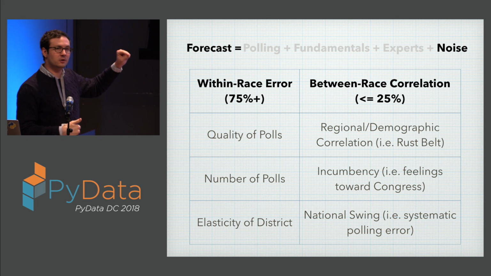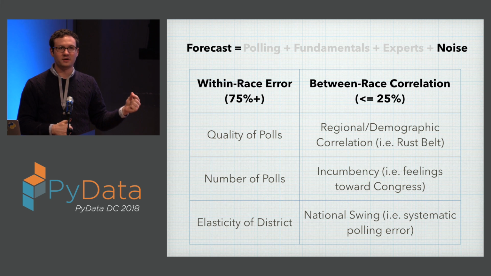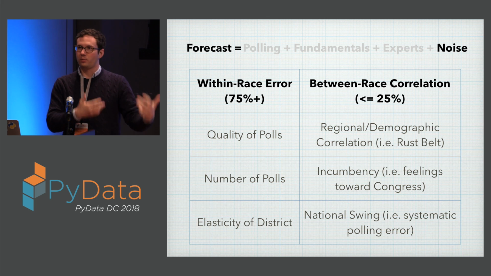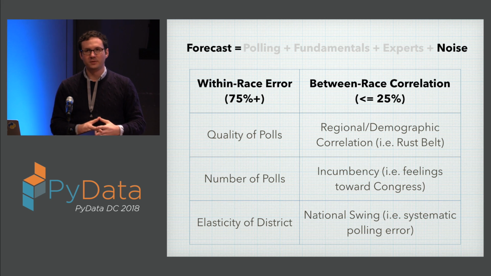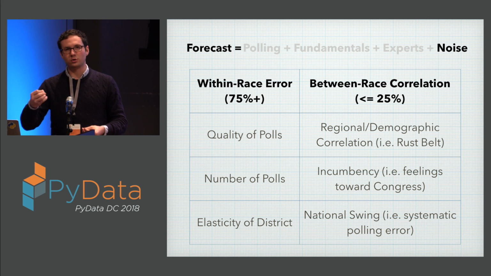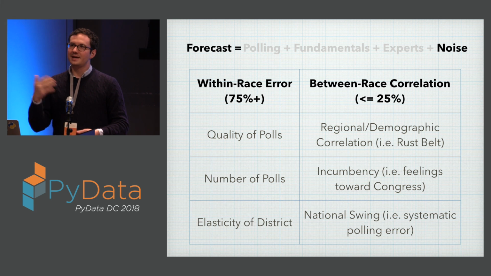Remember earlier when we were looking at the polls, there was a weight attached to each of those polls, and higher weights obviously meant that poll was more important in the final calculation. So we can use that to specifically quantify how good our polls are in this forecast. The next thing that's considered is the number of polls.